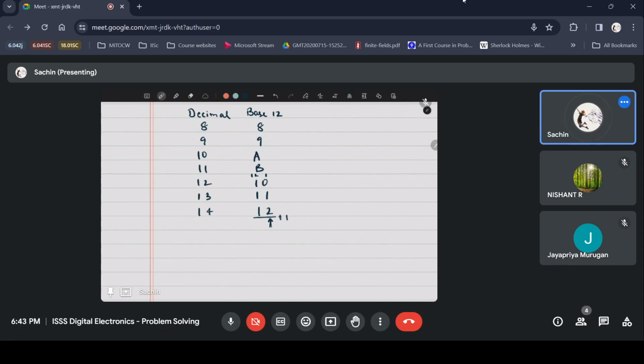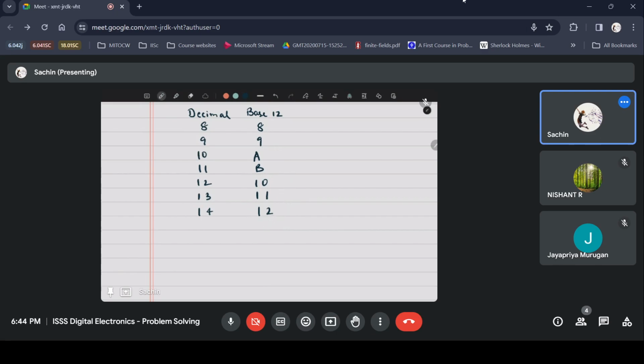And then once that reaches 9, it will be reset to 0, and then the next digit will start counting up. Once it goes to 2, again the first digit will start counting up 1 2 3. It will go to 9, and then once it crosses 9, it will go to 0 again. It will be reset. This 2 will become a 3. So that's the same procedure we follow.